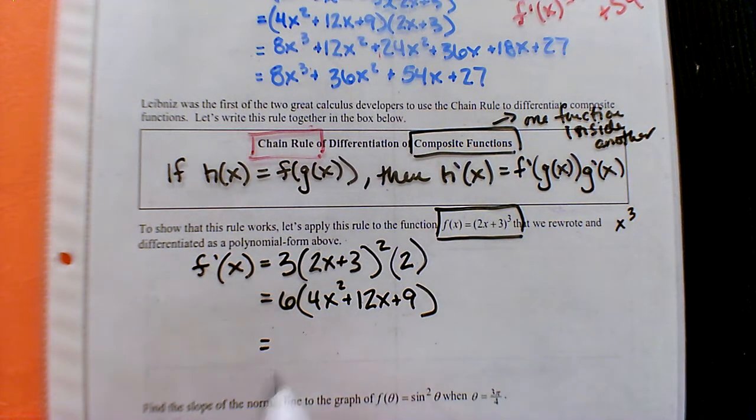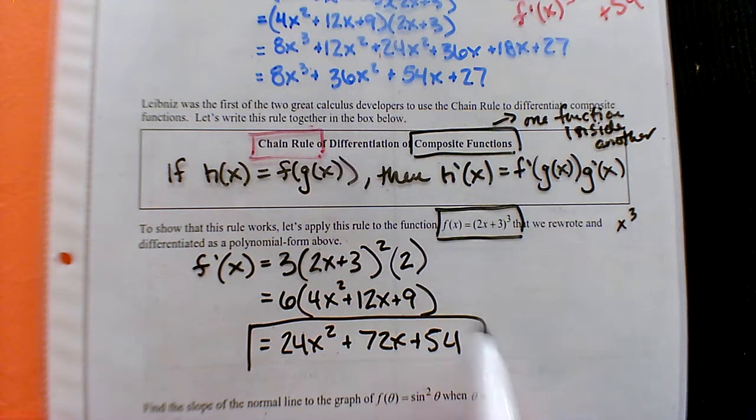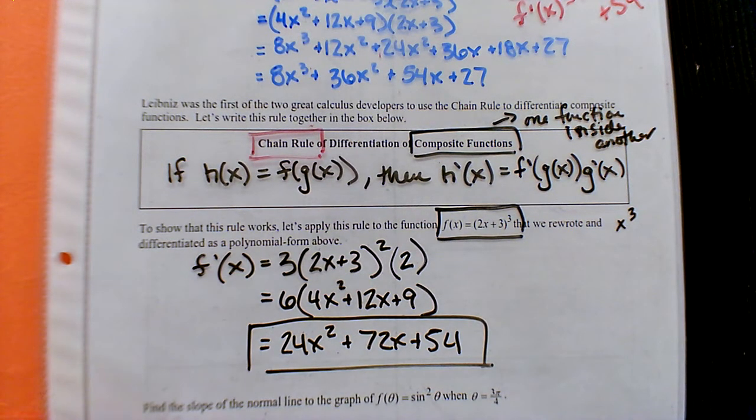And if you distribute in the 6, 24x squared plus 72x plus 54. Matches, right? Okay, so that means, let's go ahead and try the crazy one, okay?